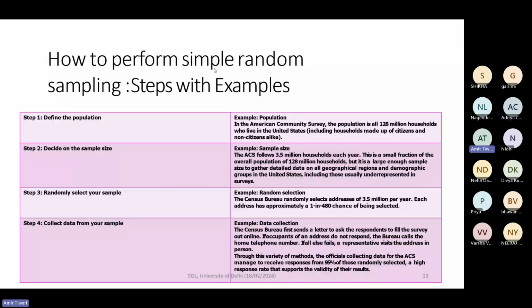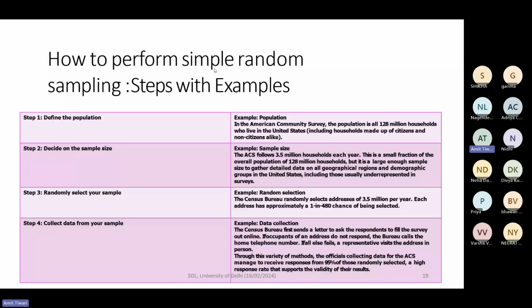Then you have to use multiple methods: first you send an online Google form or any kind of form, and if they don't fill it, the researcher has to contact them or send reminders or emails for filling the surveys. This kind of thing will happen throughout the research. This is one of the major challenges in data collection, which I will be discussing later today.